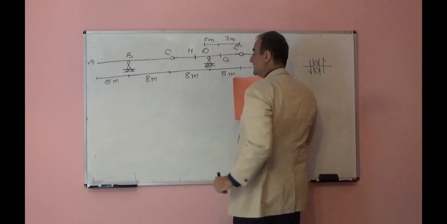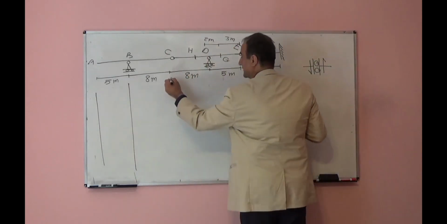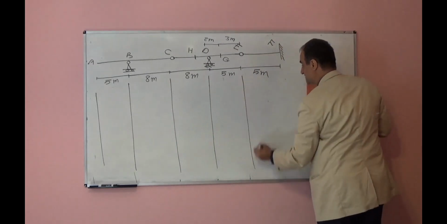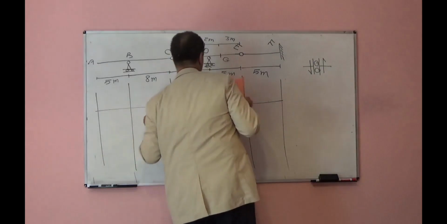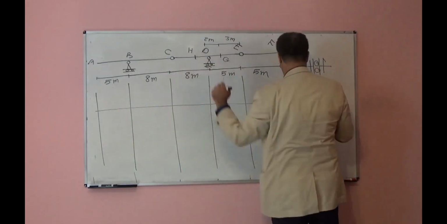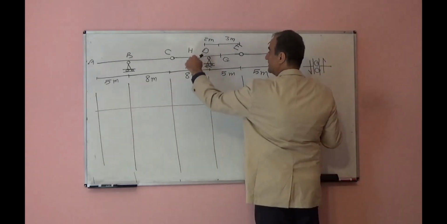I want to draw the influence line at point H for shear force. So again, I will apply this kind of connection here. This side up, this side down.